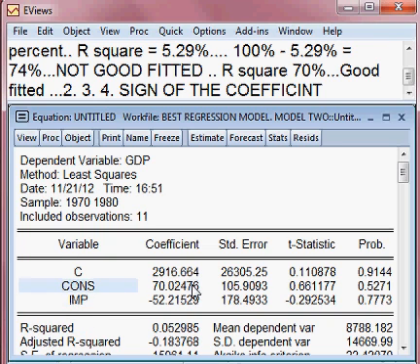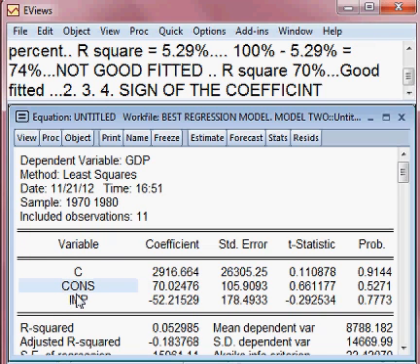I can say it the other way: if the consumption goes down by 1 unit, GDP would go down by 70.02 units on average, provided the other independent variable is fixed.